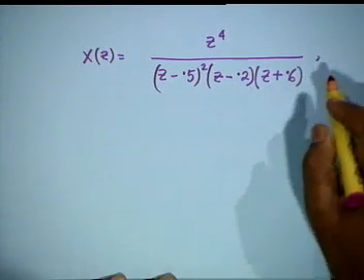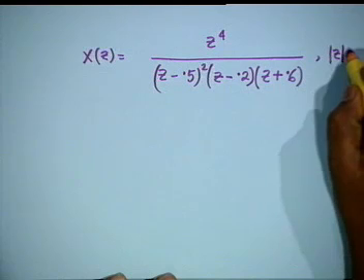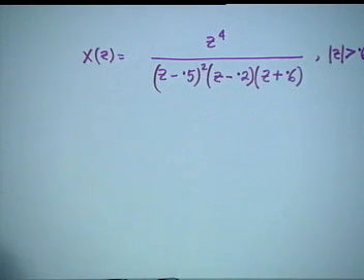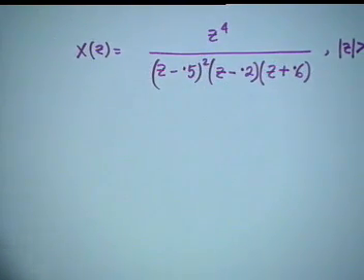The ROC must be specified. In this case, it is specified as mod z greater than 0.6, which means that it will be a right-sided sequence, a causal sequence. Okay.